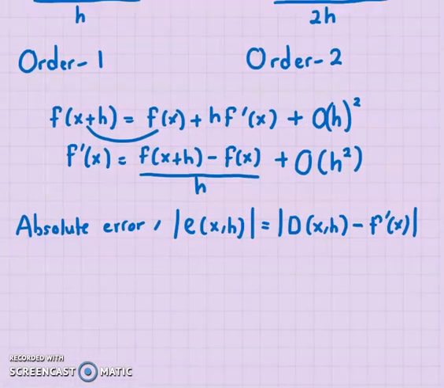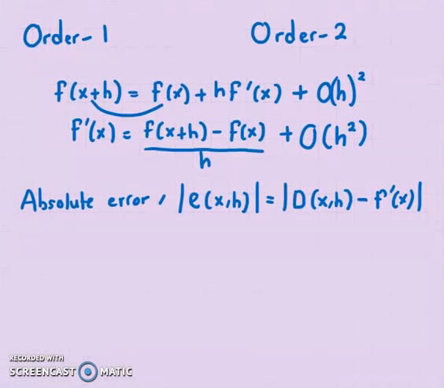Okay, so by doing this, I can write this is my D. In other words, my D, f(x+h) minus f(x) divided by h is my f prime. So my D minus this, so my D minus f prime x.